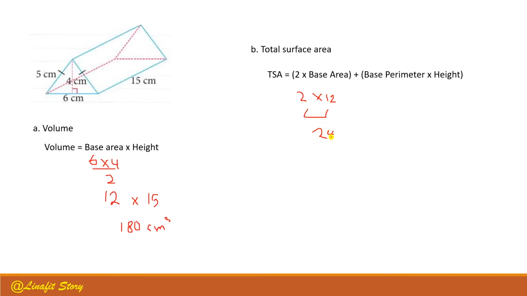And then to get the base perimeter is 6 plus 5 plus 5 is equal to 16, times the height of the prism, 15. 16 times 15 is equal to 240. So 24 plus 240 is equal to 264 square cm.